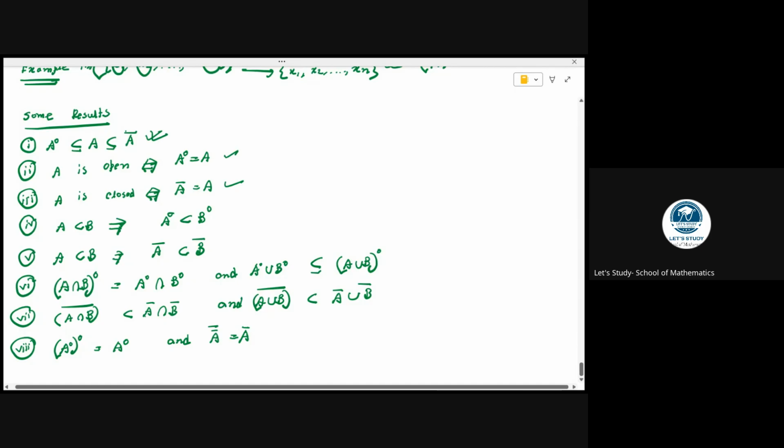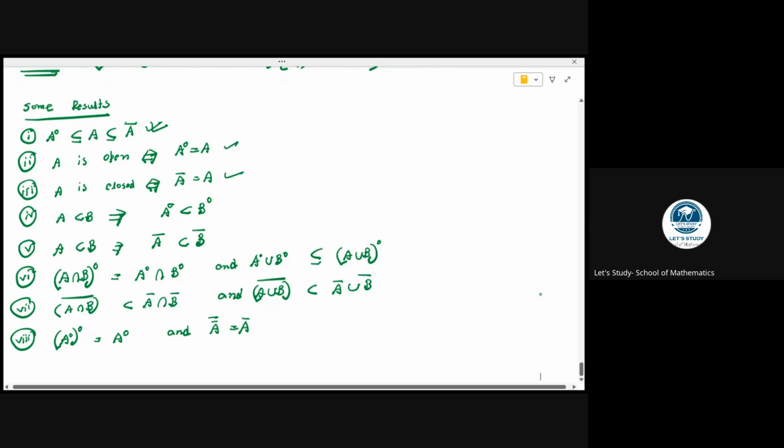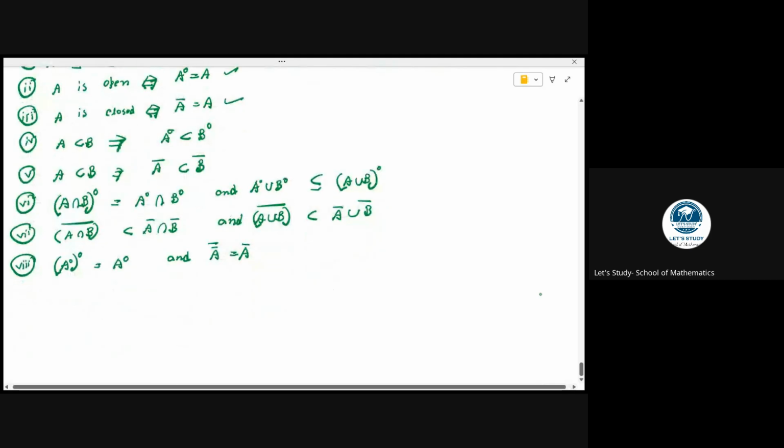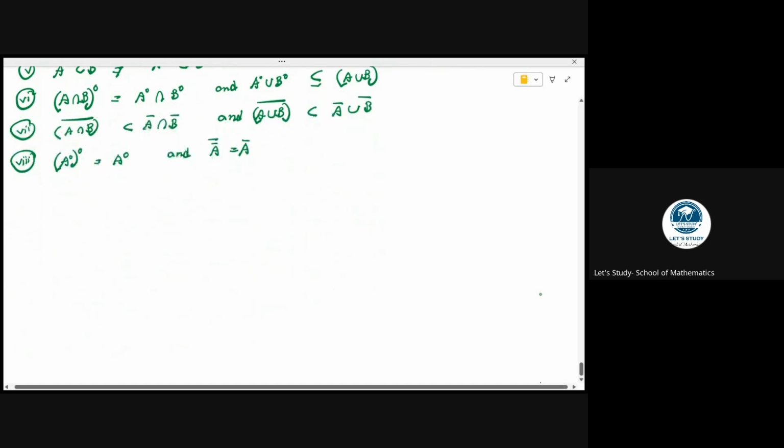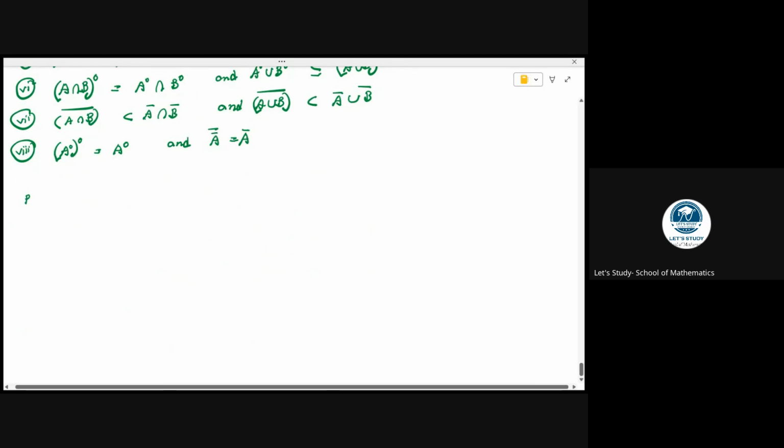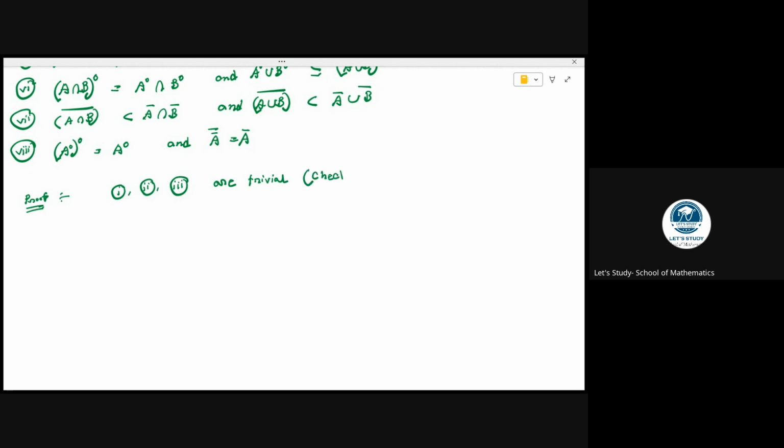And if A is a subset of B, that implies the interior of A is a subset of the interior of B. We can start from here. So 1, 2, 3 are trivial. You guys can check. And what about 4?